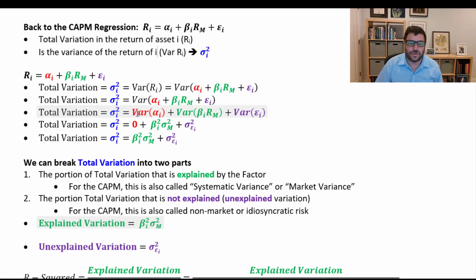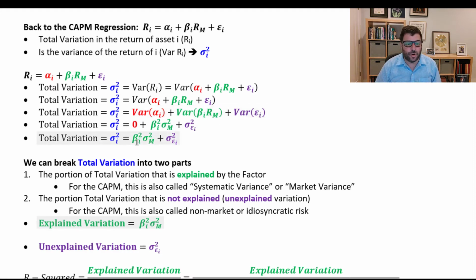Now this one's a little confusing maybe, but the first step is to realize that alpha never changes. That alpha is constant, and so the variance of something that never changes is 0, so that drops out of the equation. What I'm left with is beta squared times the variance of the market, plus the variance of the error terms.